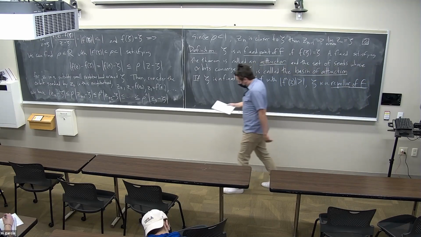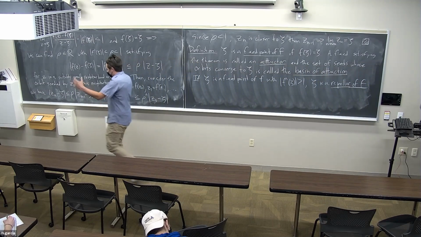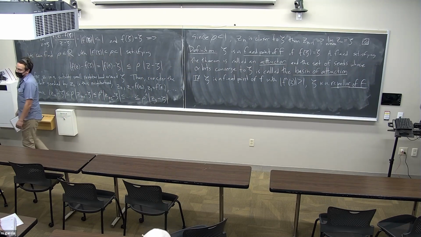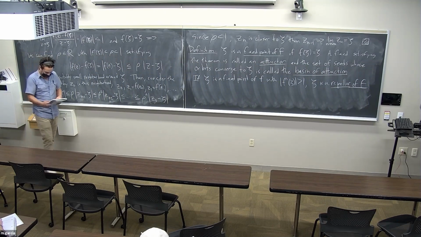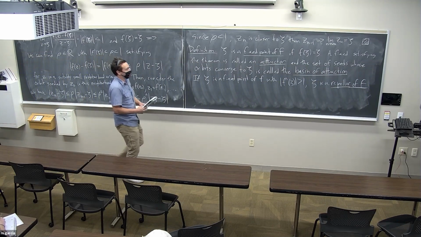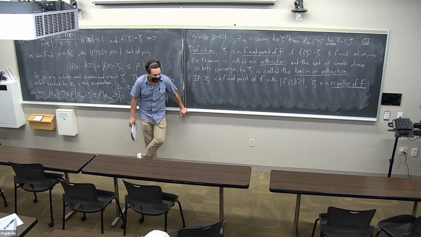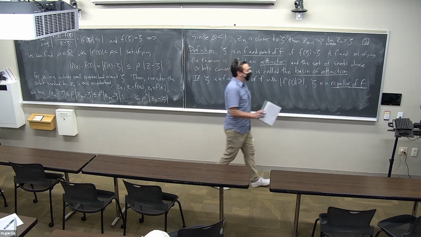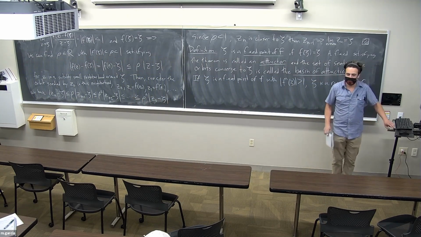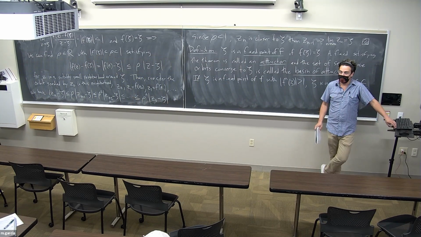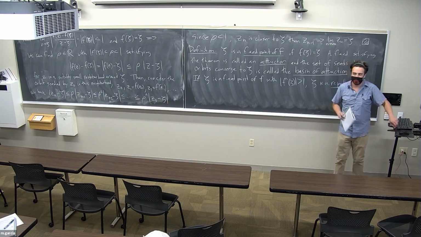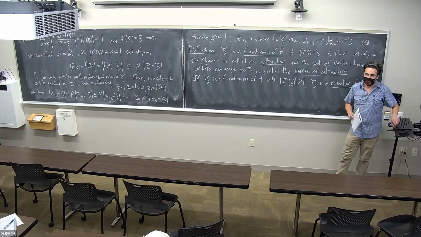Okay, so again, returning to our example of z squared, are there any repellers for f? Everything with modulus strictly greater than... So remember, you have to be a fixed point to be a repeller. First of all, does it have any other fixed points besides 0? Wouldn't it be any with modulus 1 also?